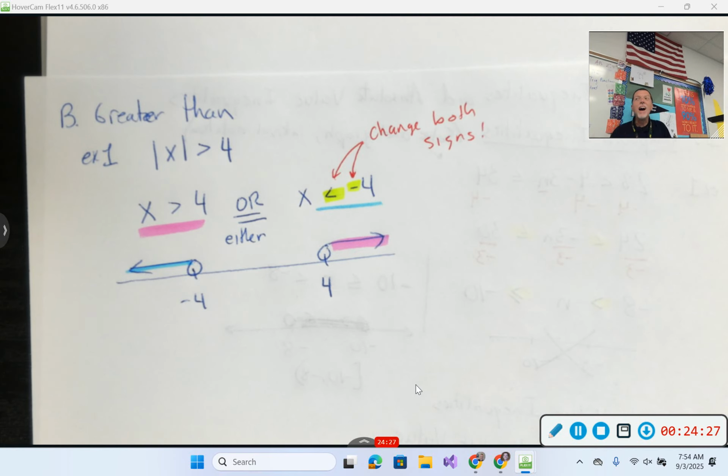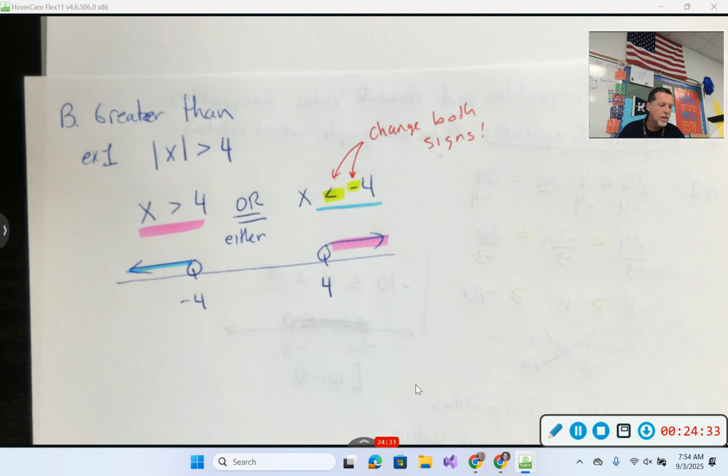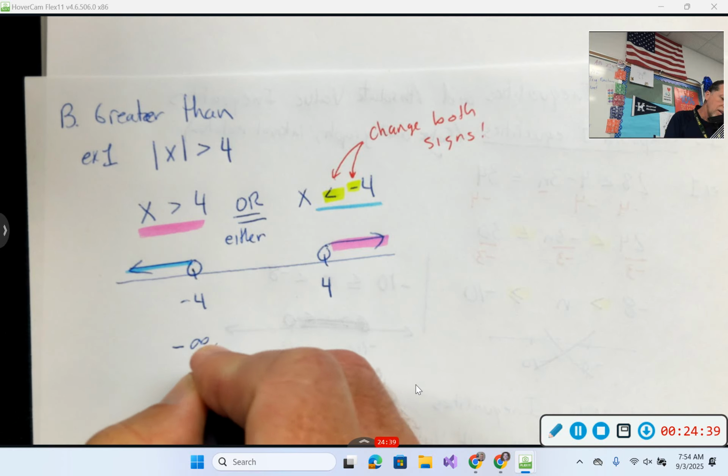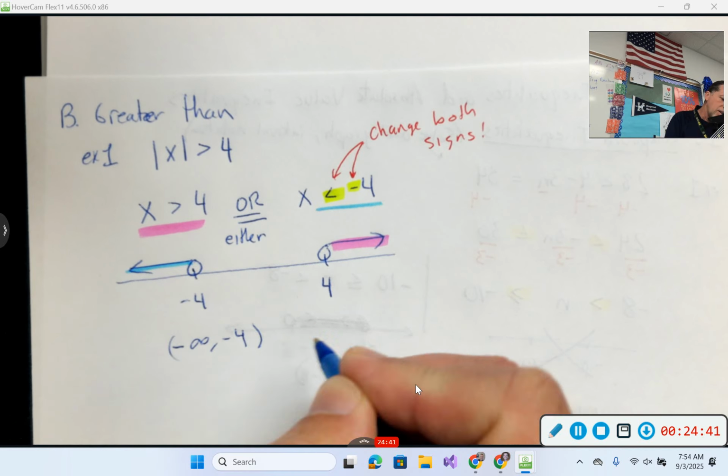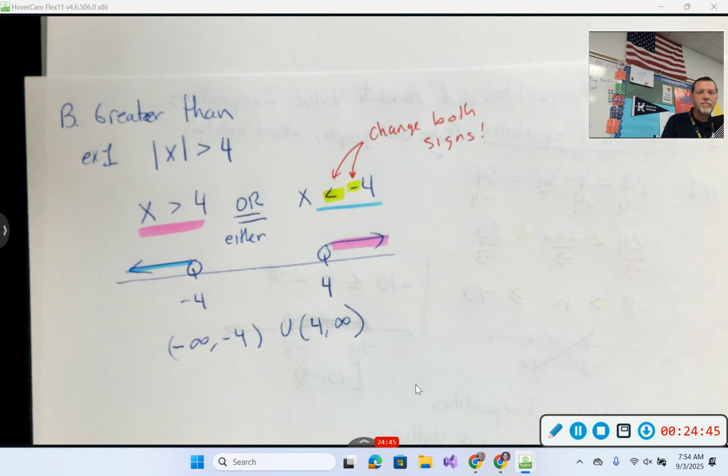And I'm not looking for the overlap this time. I'm not looking for both to be true. This isn't an and problem. It's an either or problem. So now, Ben, what you said earlier about the U thing: parentheses, negative infinity to -4, U, parentheses again, 4 to infinity. Yep.